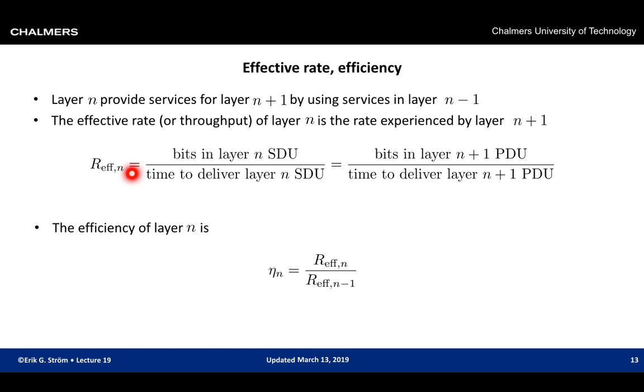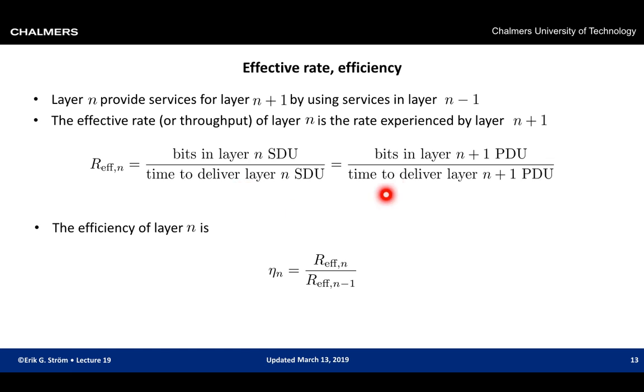The effective rate is the number of bits in the layer n service data unit, the number of bits we get from above, divided by the time it takes to transport this to the next node or across the network. That is the data rate experienced by the layer above us.